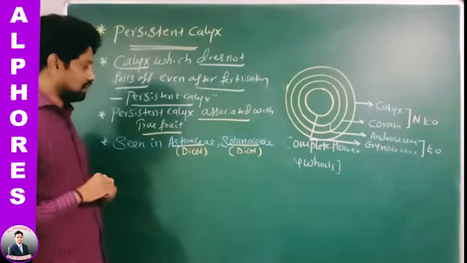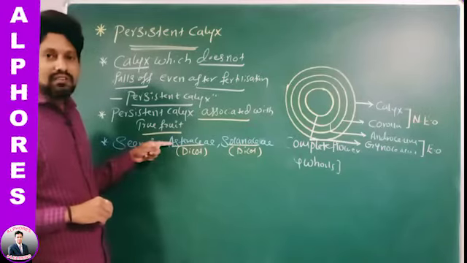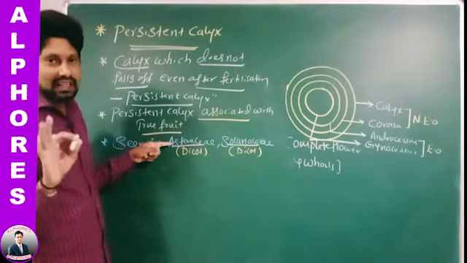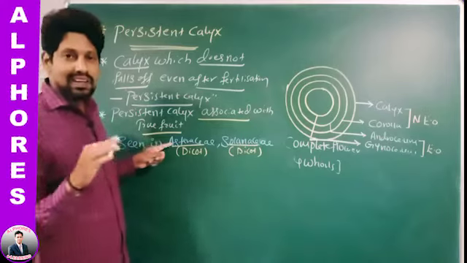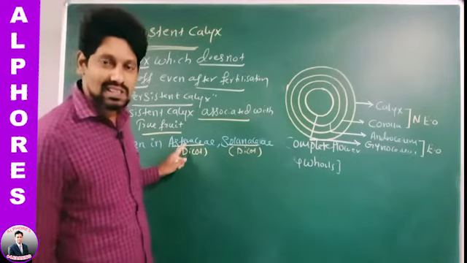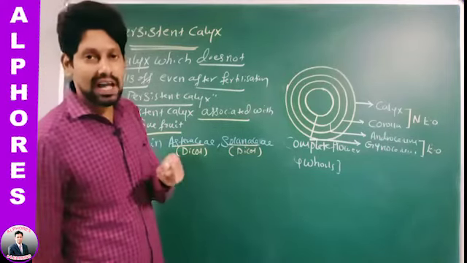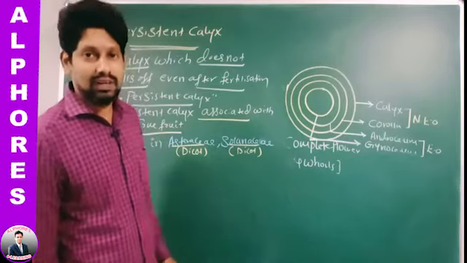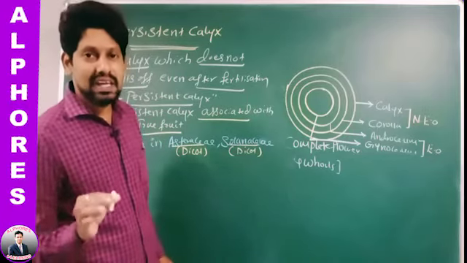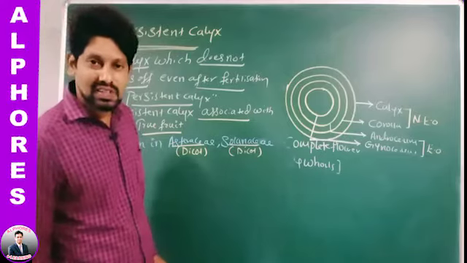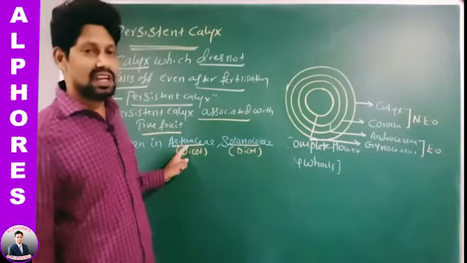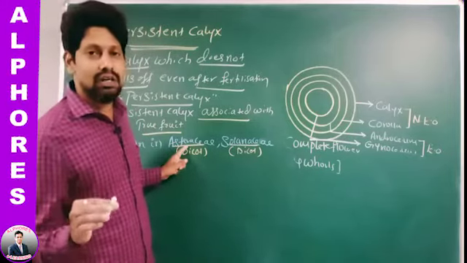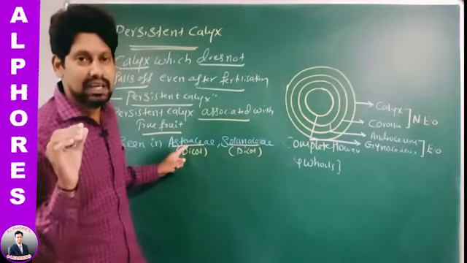Now listen to the statement. Sir, in Asteraceae family, is persistent calyx present? Yes. That persistent calyx present in Asteraceae family is called pappus. What is it called, sir? Pappus. The persistent calyx of Asteraceae family is called pappus.